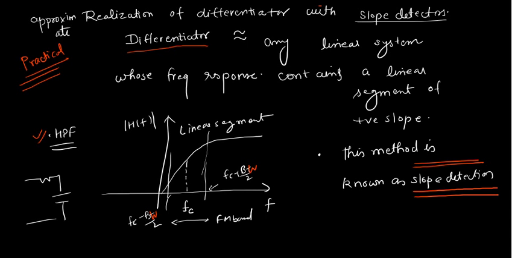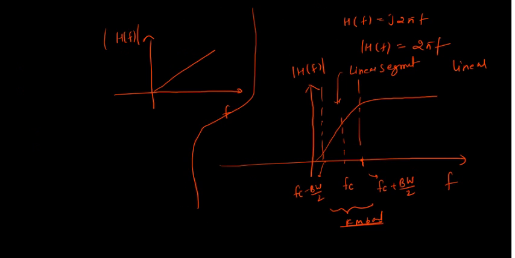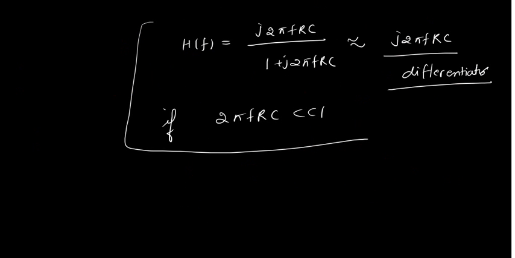So we are now approximating an ideal differentiator with slope detectors, and slope detectors are nothing but linear systems whose frequency response contains a linear segment of positive slope. One such device is the high pass filter, whose frequency response you remember from your network course or signals and systems course is this.